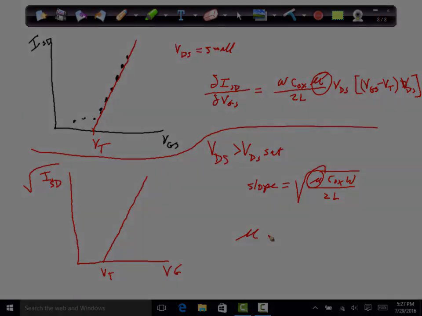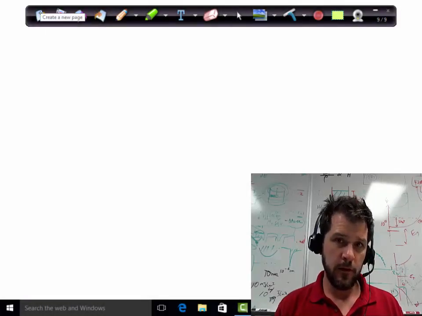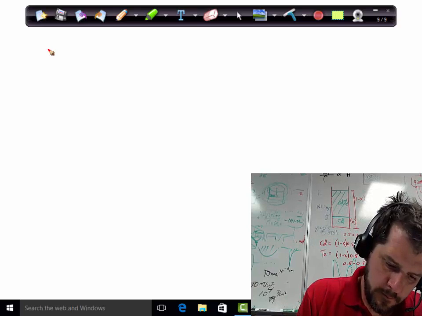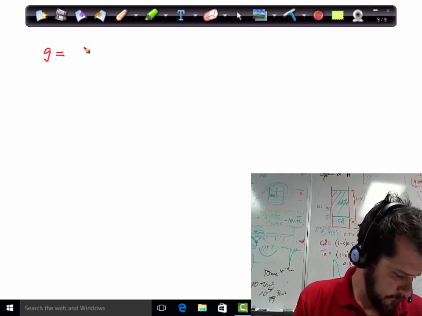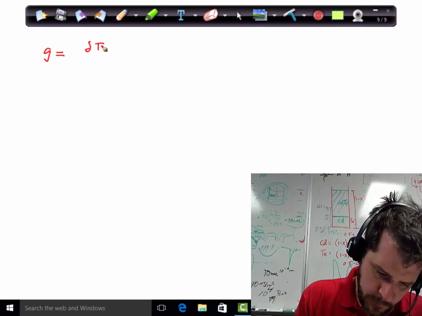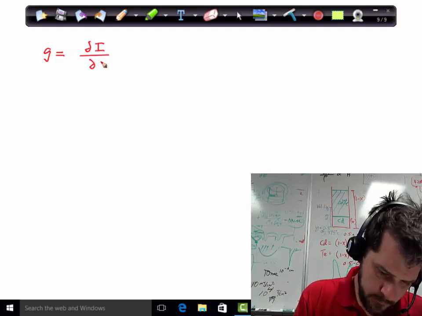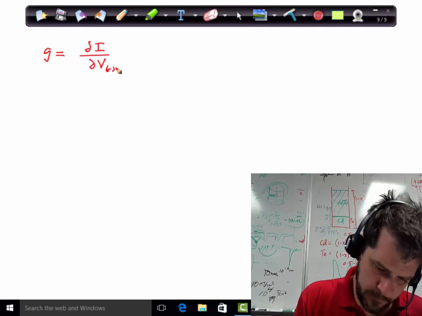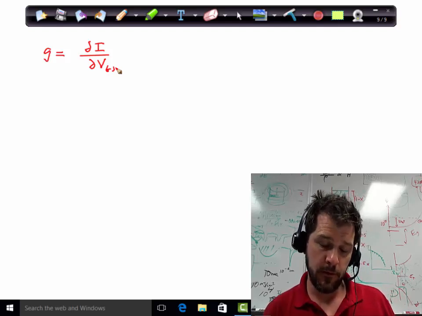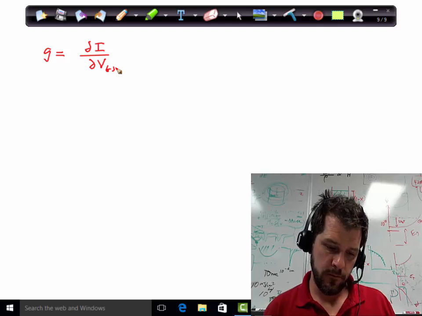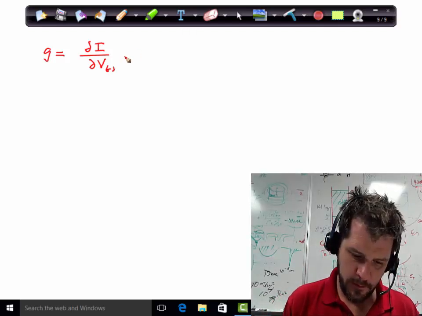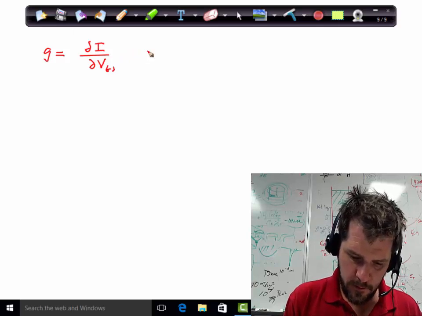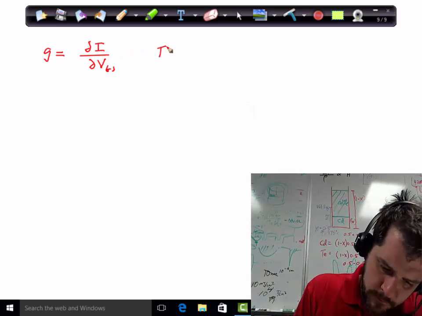Okay, so let's look at two other definitions. So the transconductance G, this is dI versus dVGS, the slope that we were just looking at. And again, transconductance is what this quantity is called.